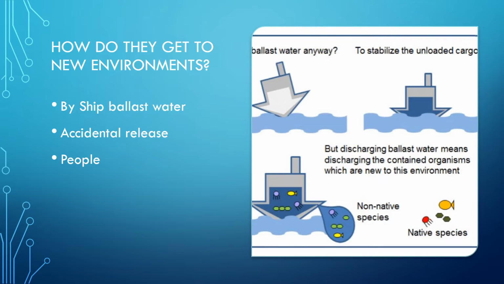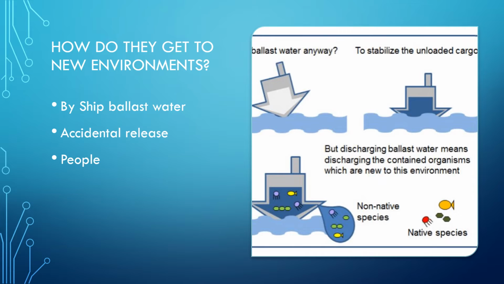So, how do species get to new environments and become invasive? Well, for aquatic animals, it's by ship ballast water, which I have a picture here on the right to show how exactly that happens, how the non-native species become mixed in with the native species, by accidental release, and by people and wildlife.